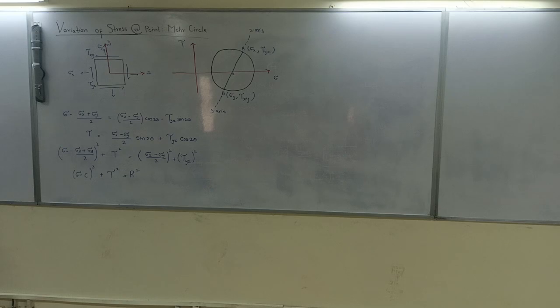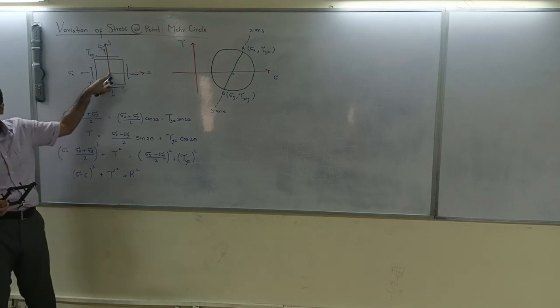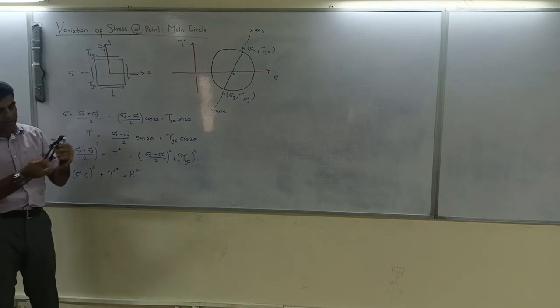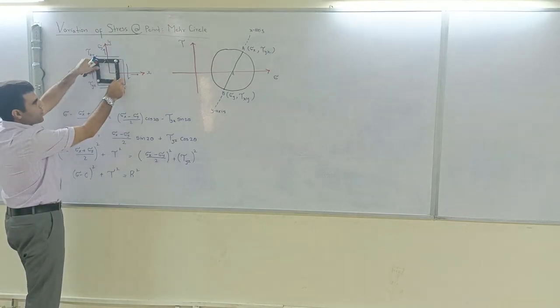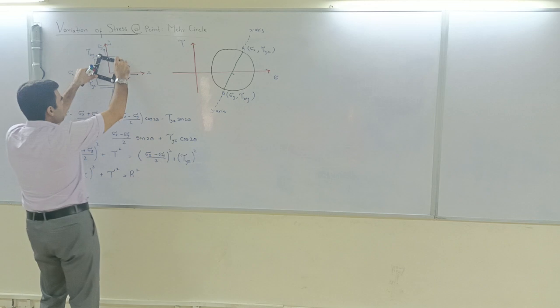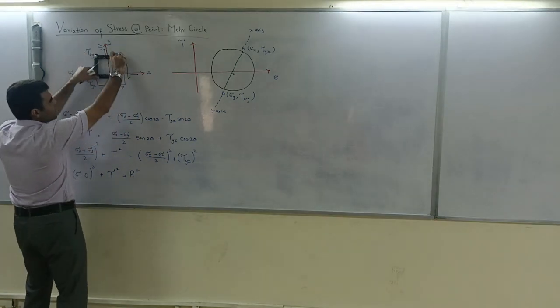So let me get my small letters. We have got an element. At a certain point we have a stress, and this is our element, and what we are saying is that this element can have any orientation.